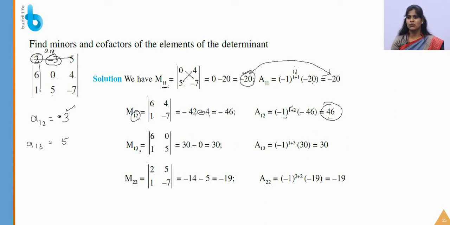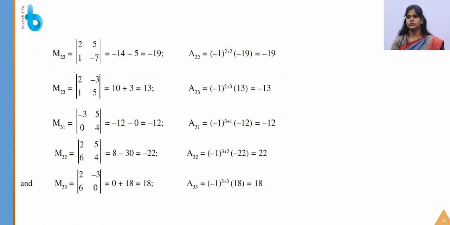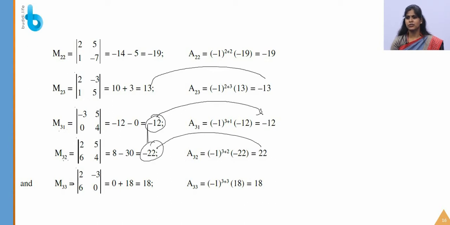See, 1 plus 3 is 4, even, so don't change the sign. Directly you can write. 2 plus 2 is even again. Don't change the sign, directly write as cofactor. Here, 2 plus 3 is 5, change the sign. 3 plus 1 is 4, here minus 12, just don't change and write as it is. 3 plus 2 is 5, so change the sign. 3 plus 3 is 6, don't change the sign.